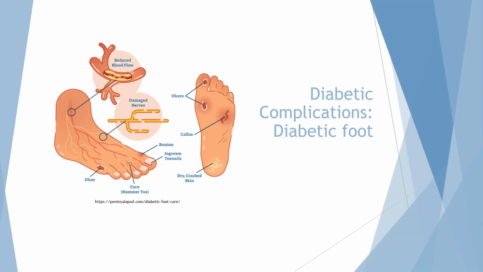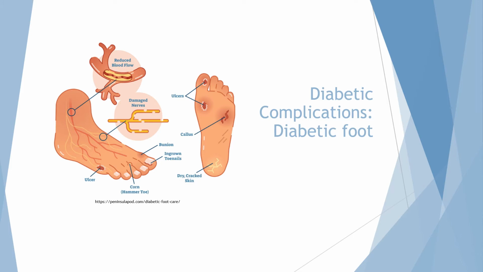Another complication of long-term diabetes is the diabetic foot. This is one form of peripheral neuropathy affecting the lower extremity and can result in structural deformities. Diabetic foot can also result in diabetic foot ulcer, or DFU.